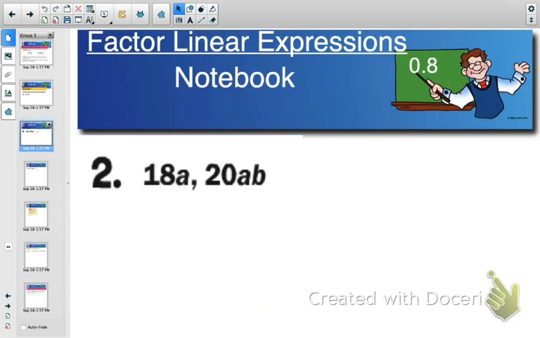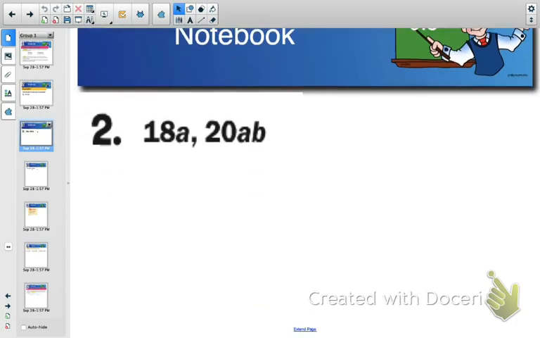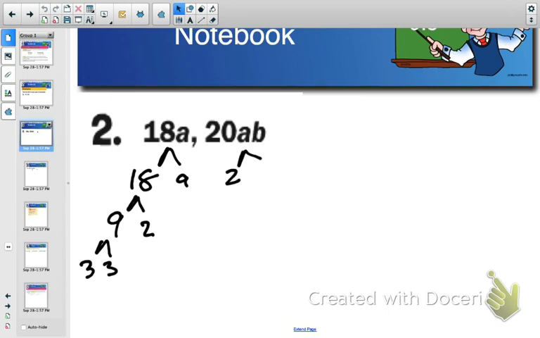Okay, let's try this one. We have 18a and 20ab. 18a breaks down into 18 and a. 18 breaks down into 9 and 2. 9 breaks down to 3 and 3. So that's the prime factorization. 20ab breaks down into 20 and ab. ab is just a and b. 20 is 10 and 2, and 10 is 5 and 2.